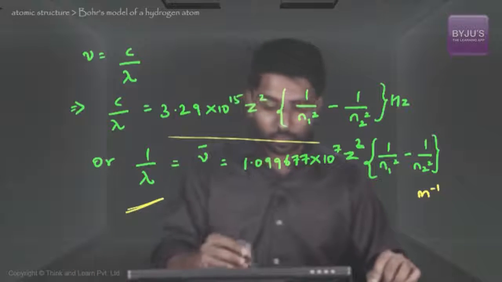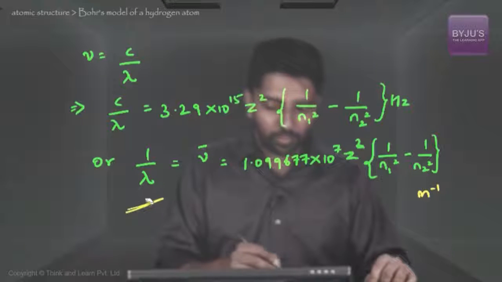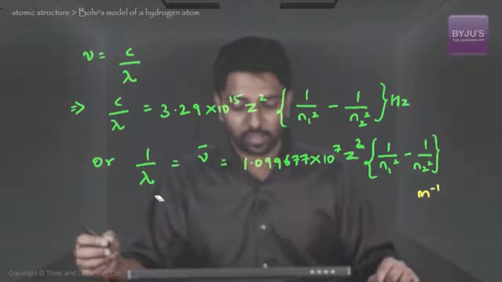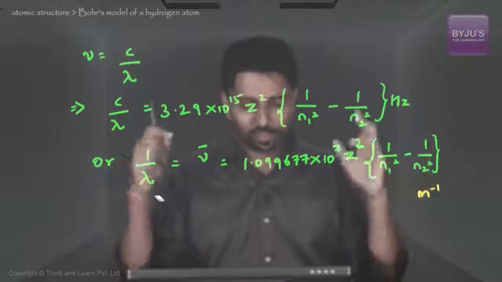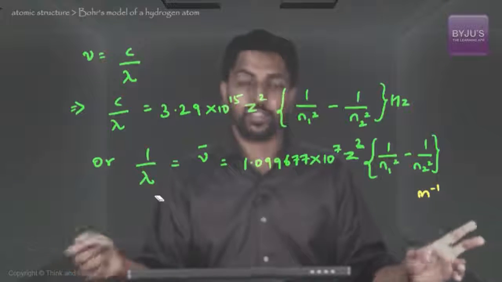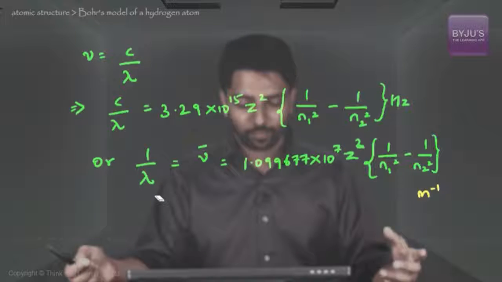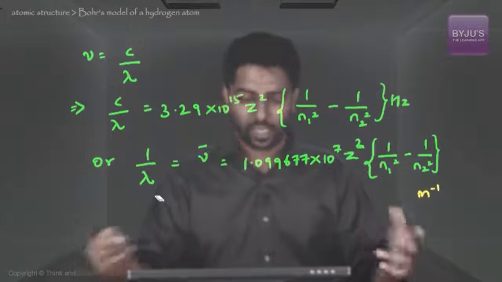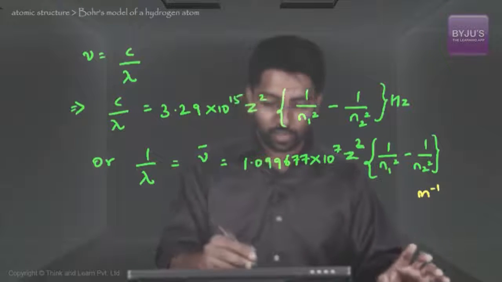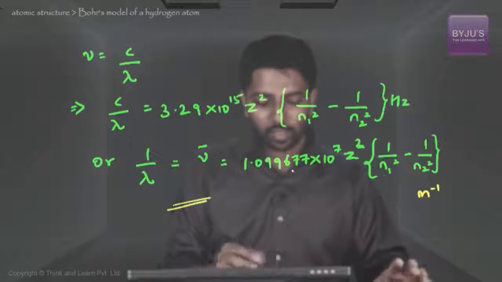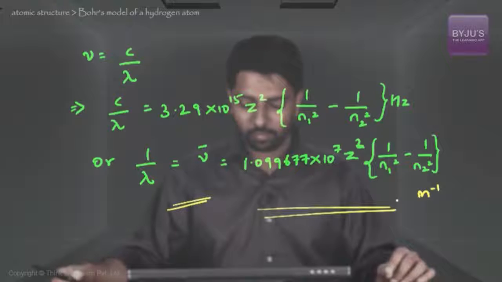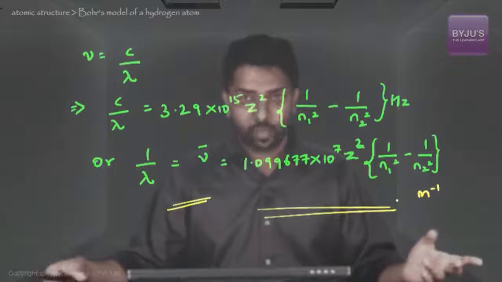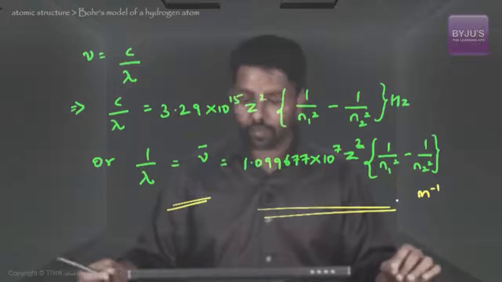So this will give you the Rydberg formula, which the Swedish scientist Rydberg derived as an empirical result. He just gave this formula without any mathematical basis. Bohr went one step further, in fact several steps further, and he gave a very established formula. So 1 by lambda is the wave number, and this is the formula for the wave number for such a transition.